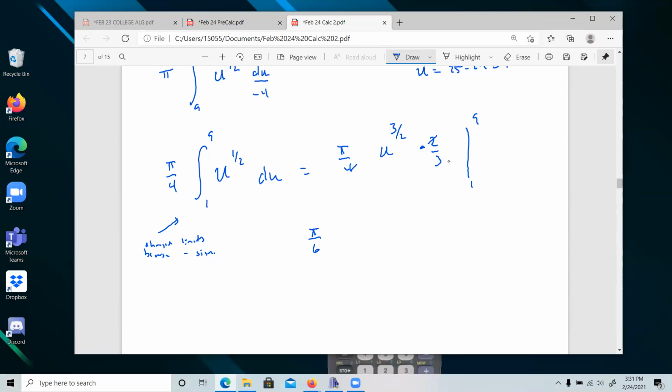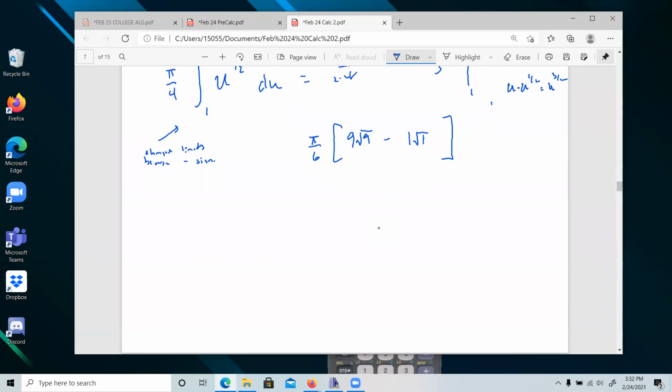This is a times, by the way, there's not a sign. So that's going to be a 2 here. 2 times 3 is 6. We have pi. And then we have u to the 3/2. So that's going to be 9 root 9 minus 1 root 1. That's what 3/2 means, right? Something to the 3/2 is u times u to the 1/2, which is equal to u to the 3/2.